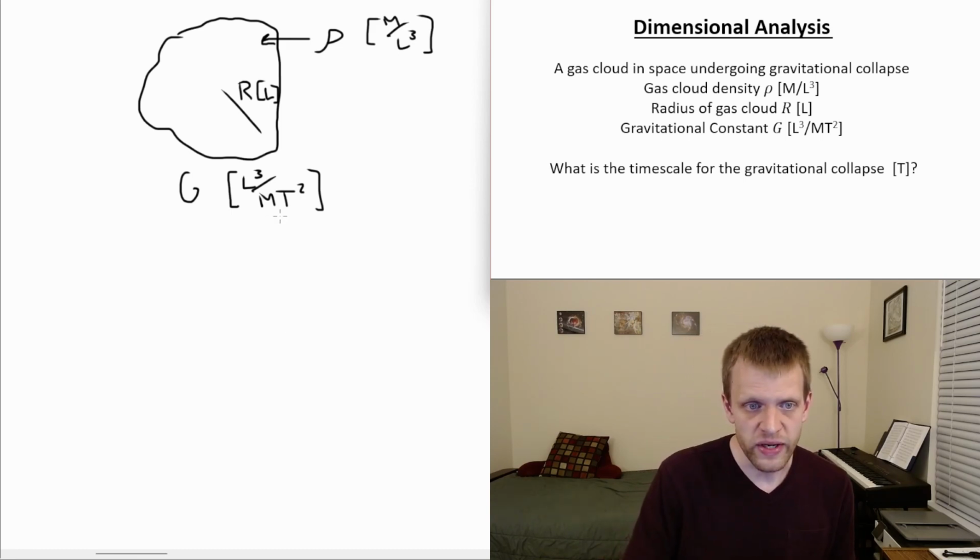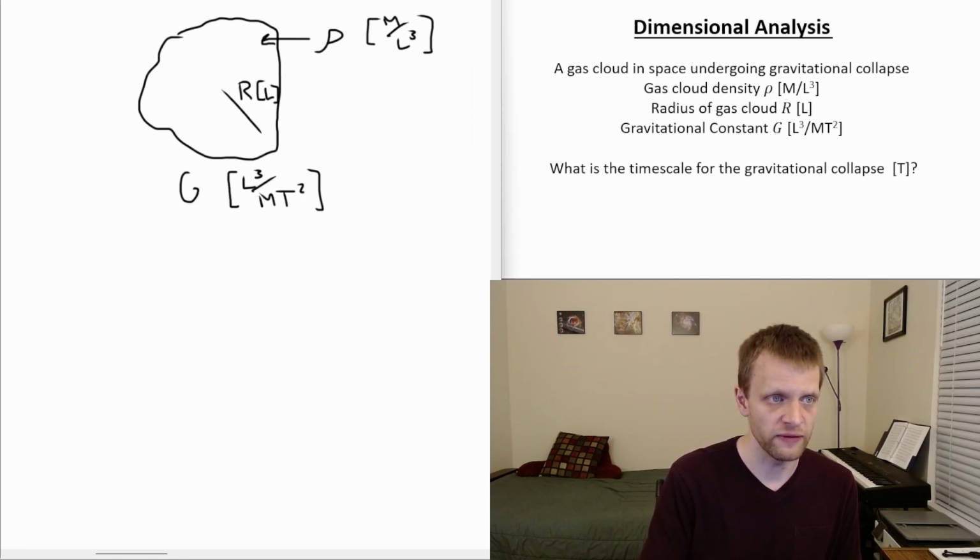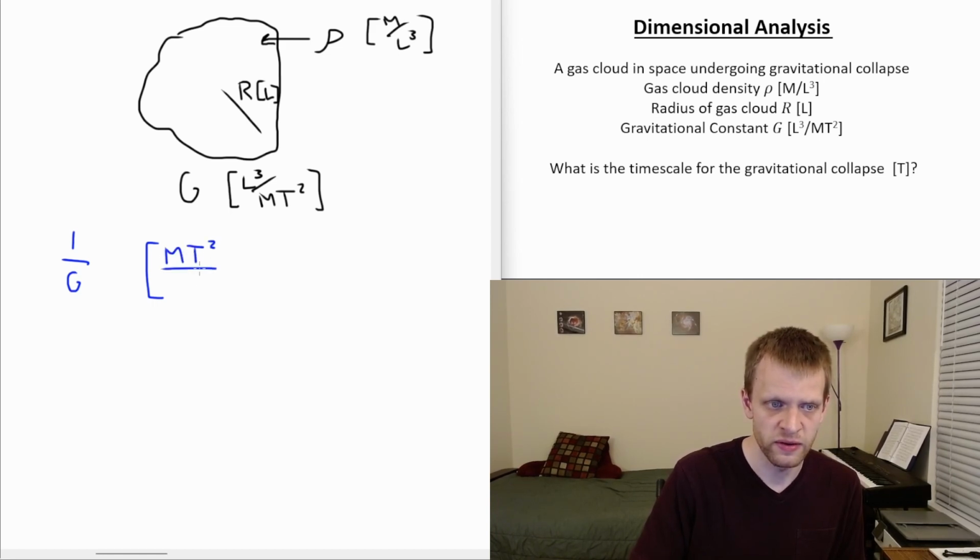So again, we want to find a time scale, and the only thing in here that involves time is this gravitational constant, so we probably want 1 over that gravitational constant. 1 over G will have dimensions of mass times time squared divided by length cubed.